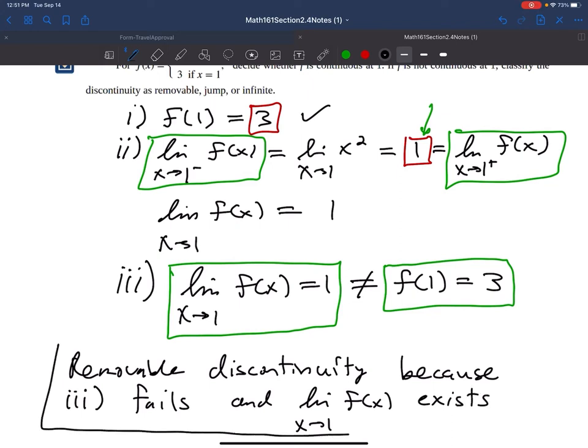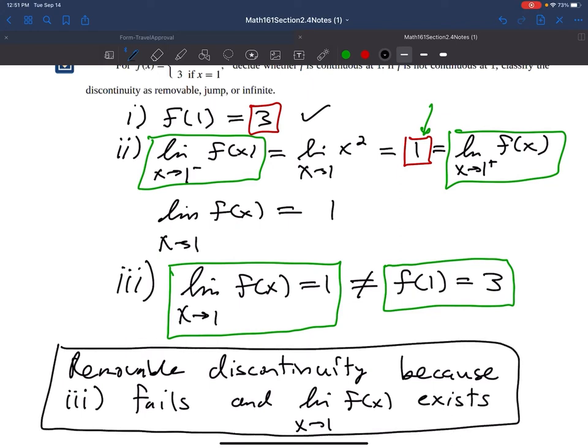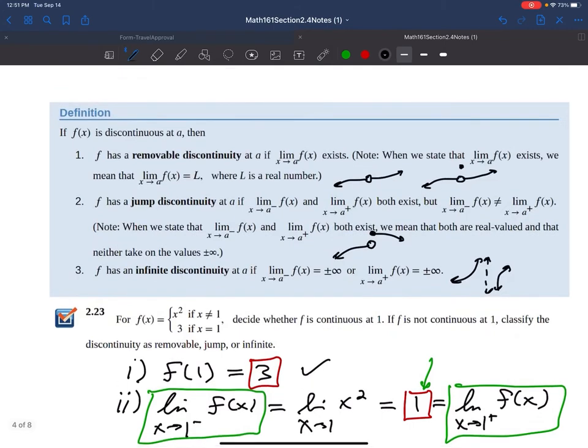Okay? That would be my explanation. That's the logical explanation. I explained why it was discontinuous because criteria 3 failed, and I explained why it was a removable discontinuity because the limit exists. And I'm using this idea right here in the definition.